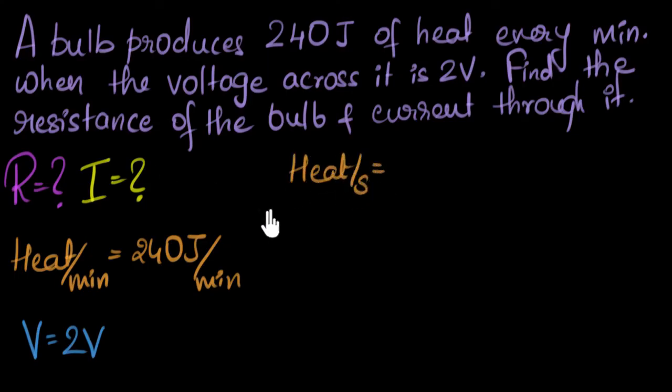We know heat produced every second is V times I. That's our basic formula to calculate electric power. Here the power is dissipated as heat, energy per second.